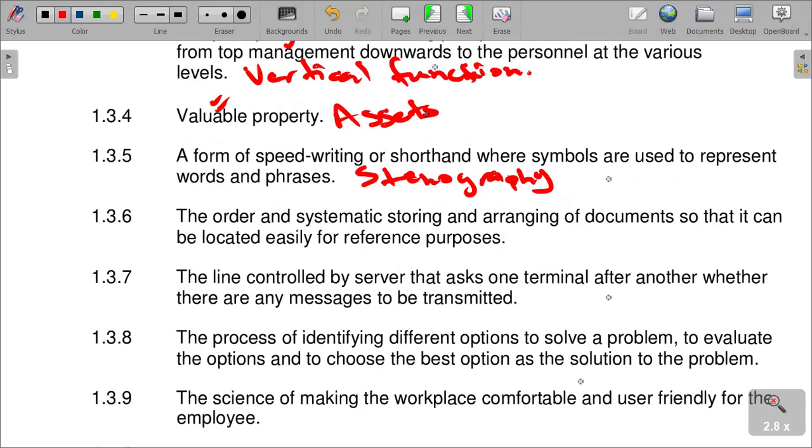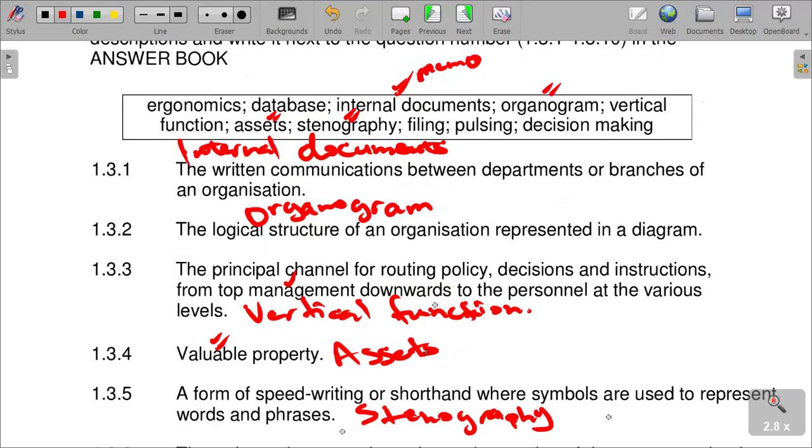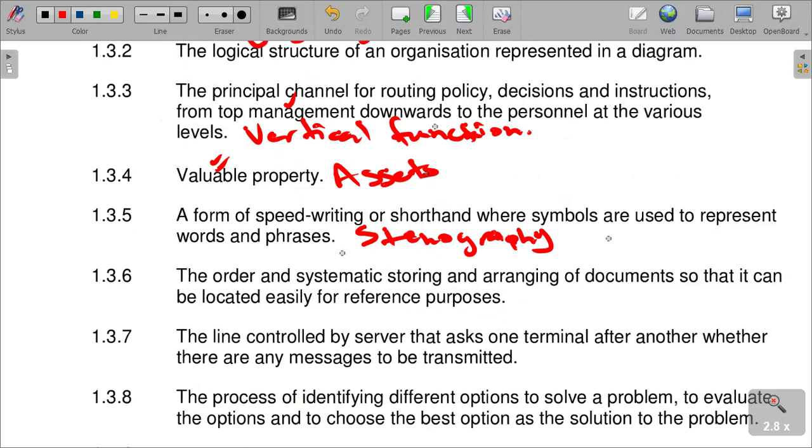And then the order system. The orderly and systematic storing and arranging of documents so that it can be located easily for reference purposes. When arranging documents, a systematic order is used, and then it is easy for retrieval of that information. So we call that filing. We have got different filing systems.